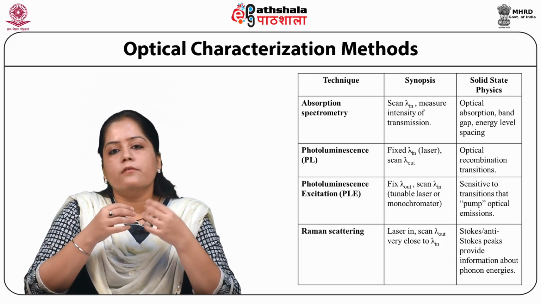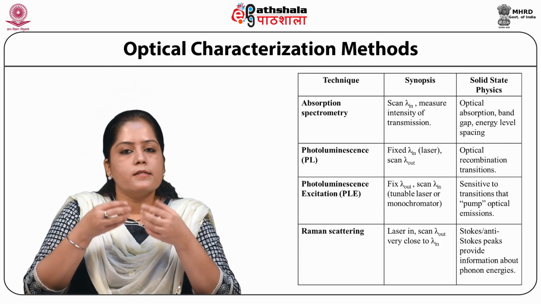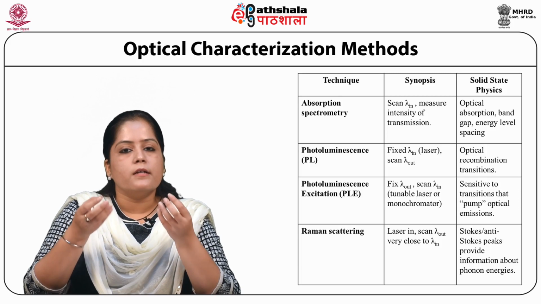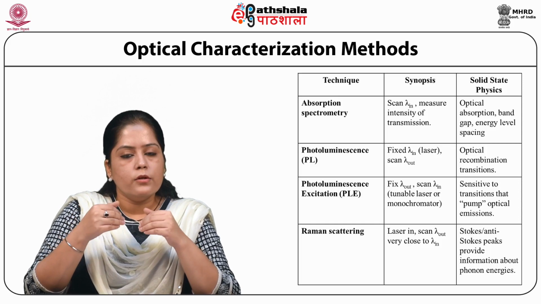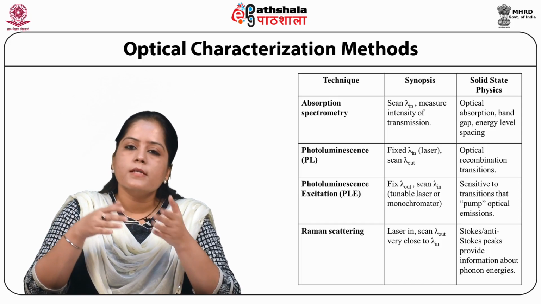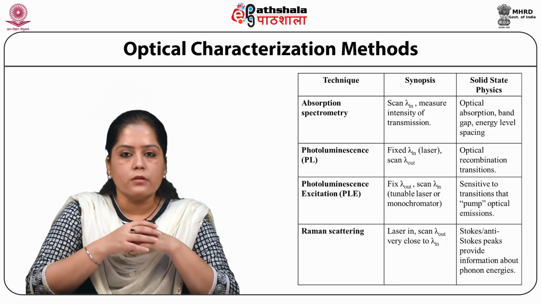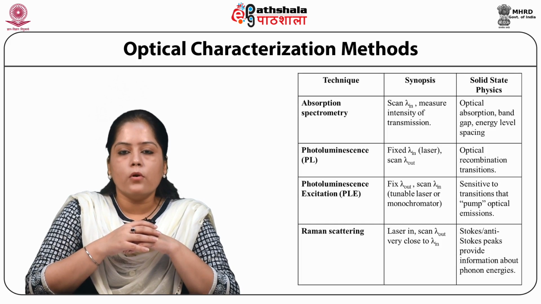Next we have the Raman scattering, where the laser is scanned, and lambda out is very close to lambda in. Stokes and anti-Stokes peaks provide information about the phonon energies.